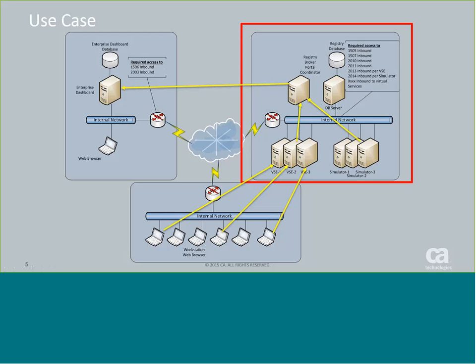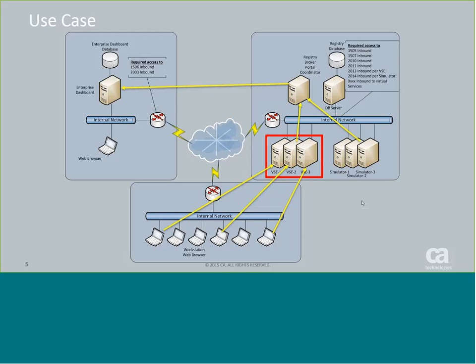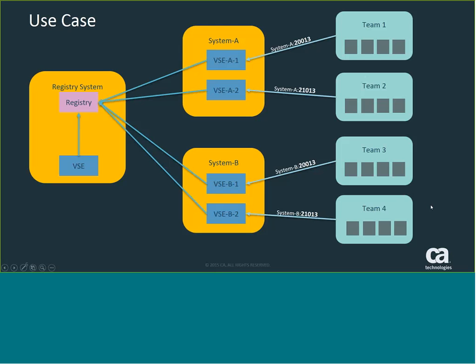The focus of this webcast is the DevTest server in the right-hand network. And we particularly look at the setup of the multiple VSE servers here. The previous slide suggested that we run a single VSE on a single system.